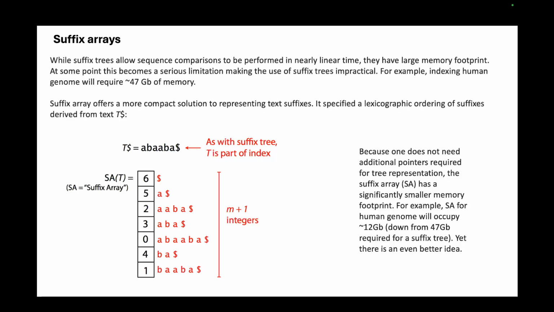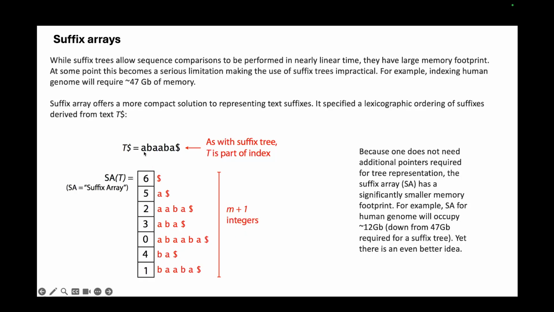Another type of data structure used for indexing and matching is suffix arrays. It's a similar concept. As with a suffix tree, you have a dollar added to it, and you have an array like that, which tells you the location and the string that is there.